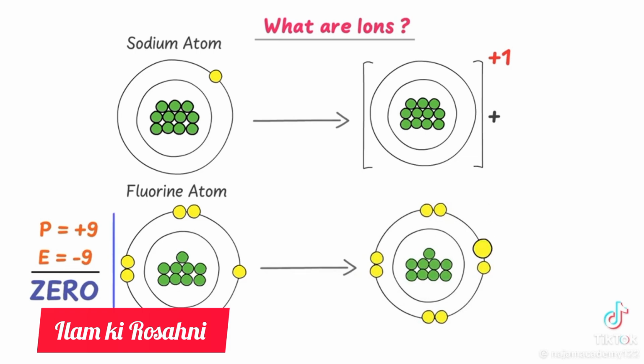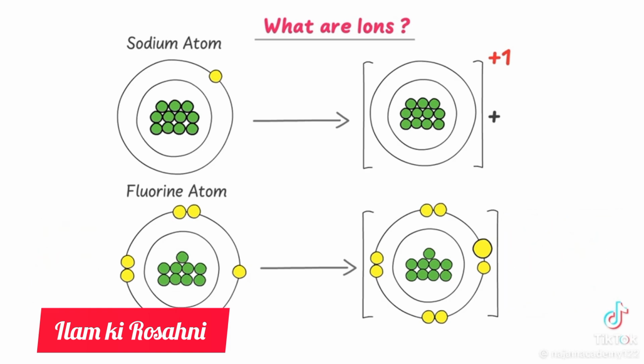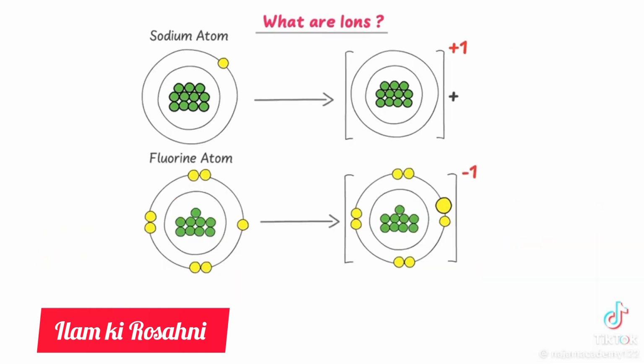Initially, there were 9 protons and 9 electrons, but now one extra electron is gained by it. So we write here negative 1. Positive 9 and negative 9 cancel out and we get negative 1. So the net charge on the fluorine atom is negative 1. It is now a charged particle.